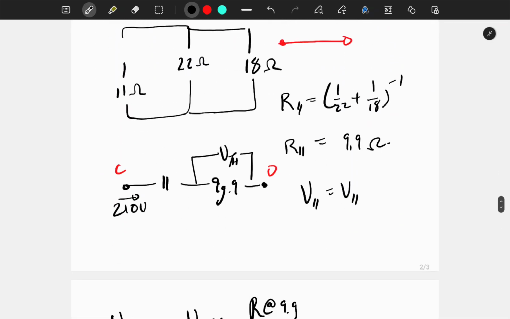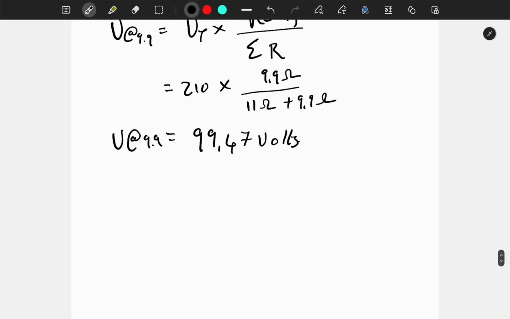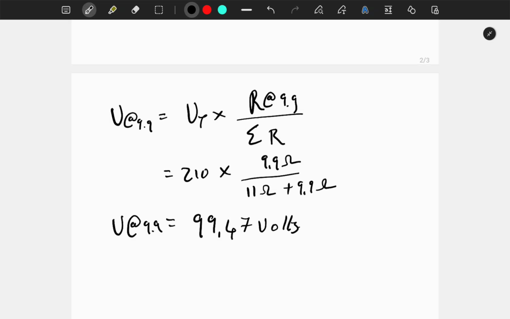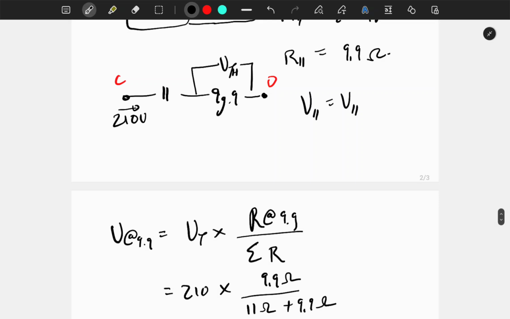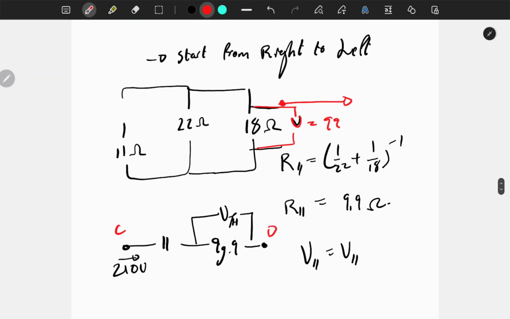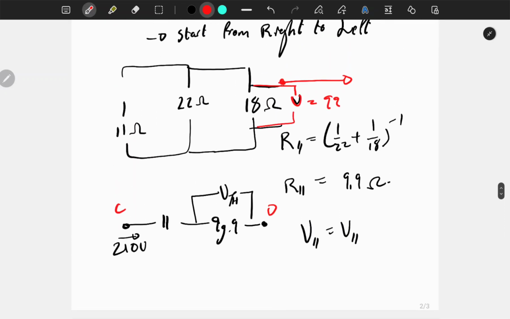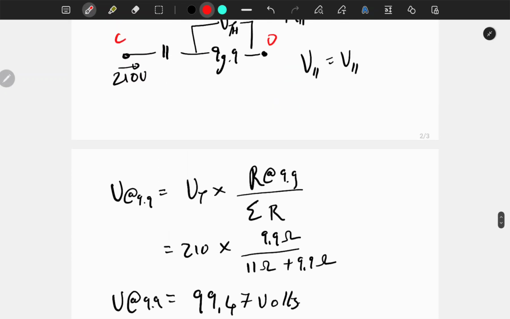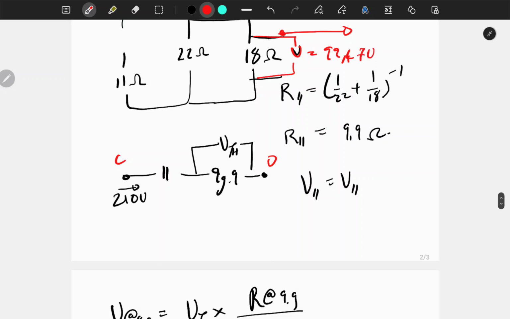We need to find the voltage at 10, right? Okay, so remember I said that there is a 10, so this 18, right? So the voltage here at 18 is equal to 99.47 volts.